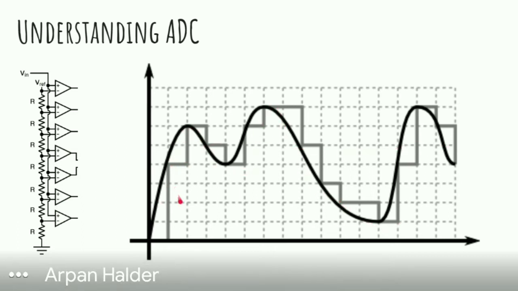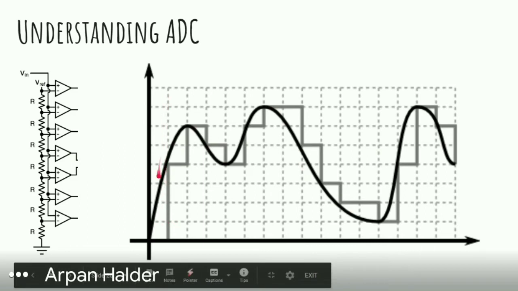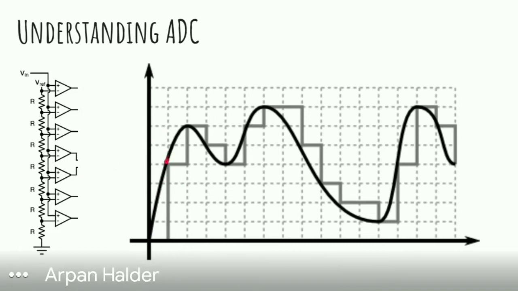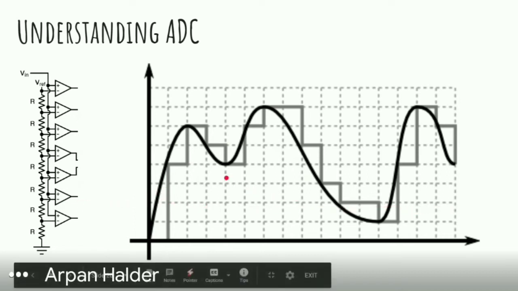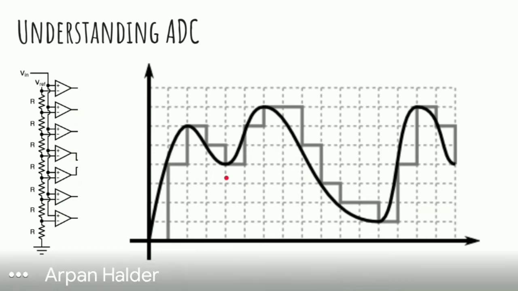One is the resolution of its value. That is how many comparators I have in series. Here you can see that these portions of the values our ADC is not able to capture, because the resolution on the y-axis depends on how many comparators I have in series, and the resolution of the x-axis is called the sampling rate, meaning at what time interval I am firing these comparators and taking the readings.